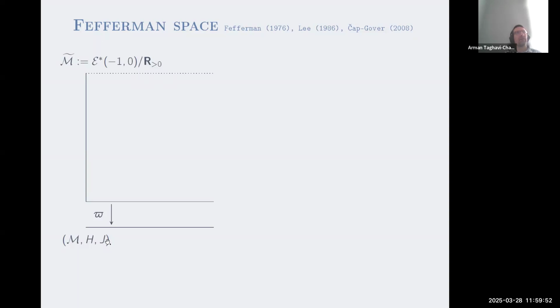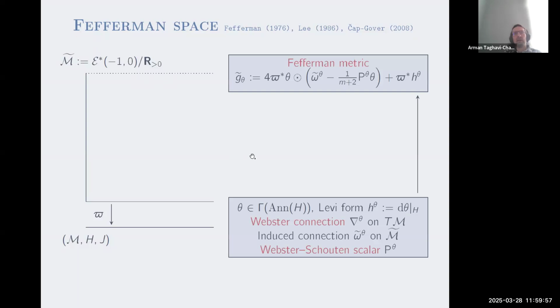So how does it work? I'm starting from my CR manifold and I want to construct a conformal manifold. So if I choose a contact form theta with associated Levi form H, I have for free a Webster connection associated to this contact form.